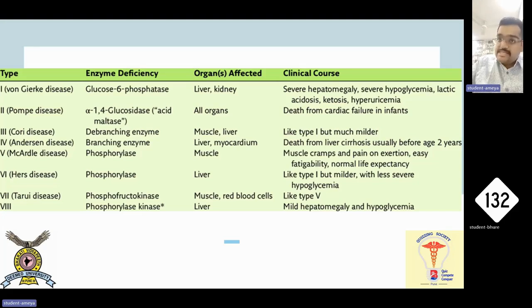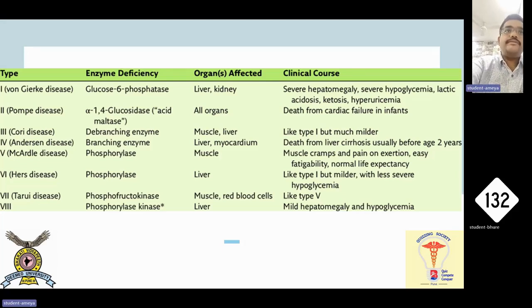AB, Anderson's disease, which is GSD 4, has the enzyme deficiency of branching enzyme, whereas Cori's disease, which is GSD 3, has enzyme deficiency debranching enzyme, hence ABCD. MM, McArdle's disease, has enzyme deficiency of muscle phosphorylase. HH, Hers disease, has enzyme deficiency of hepatic phosphorylase.